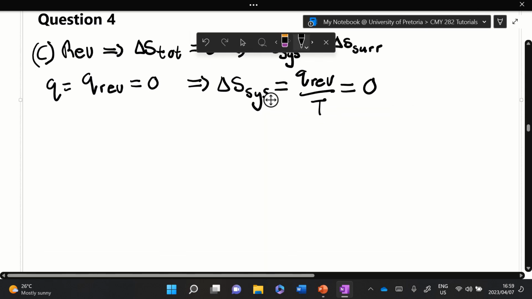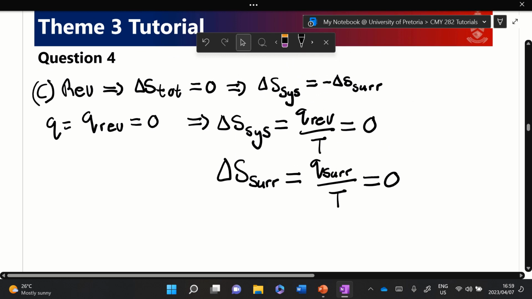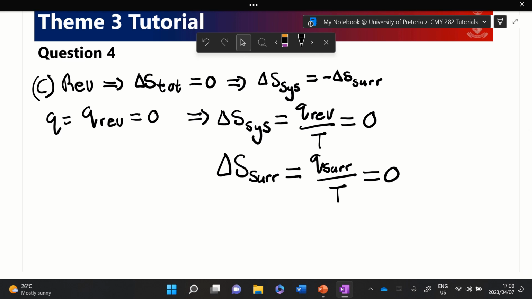But also, the entropy of the surroundings, which is defined as the heat of the surroundings divided by the temperature, is also 0, because there's no heat exchange with the surroundings, because it's an adiabatic process. In other words, for an adiabatic reversible process, all your entropy changes will always be 0.